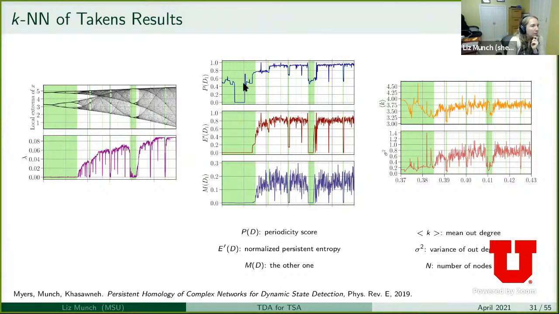We were comparing my k-nearest neighbor measurements, these middle ones via the persistence diagram computations, to the standard models. People have been using these already, but they were using standard graph theory representations, computing things like the mean out degree of the vertices in the network, the variance of the out degree, et cetera.